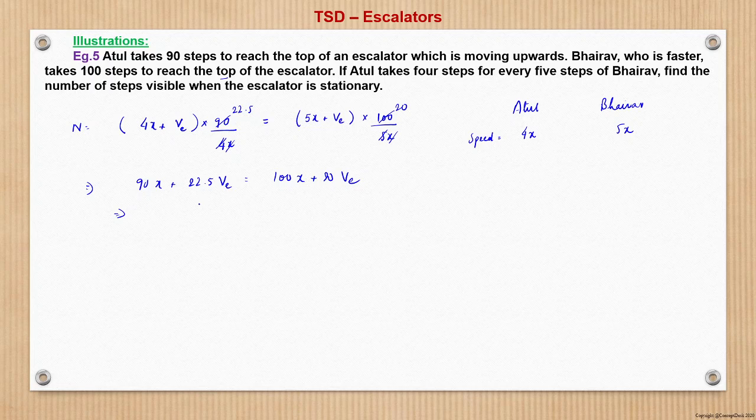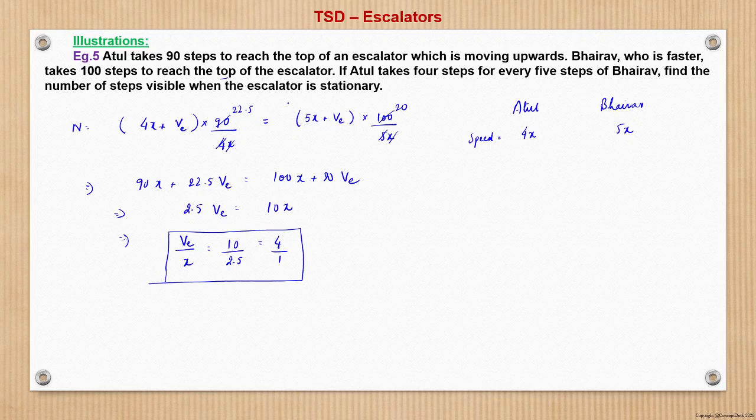Right. So therefore this becomes 2.5 VE is equal to 10x. So we can say that VE upon x is equal to 10 upon 2.5, which is nothing but 4 by 1. So this ratio we have obtained, VE upon x.